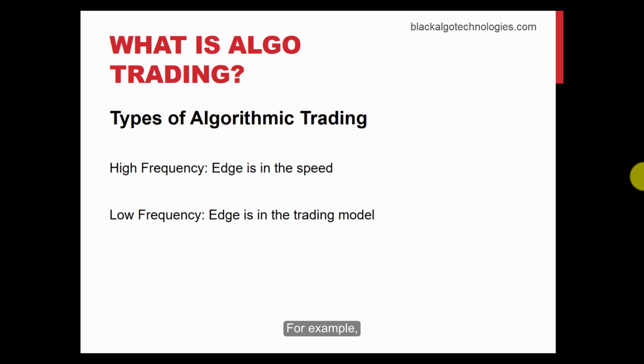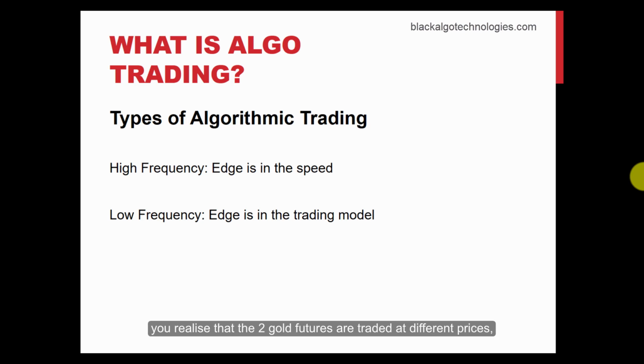So, for example, we have gold futures that are traded in US and gold futures that are traded in Japan. And after accounting for the currency exchange, you realize that the 2 gold futures are traded at different prices, even though they are essentially the same thing.